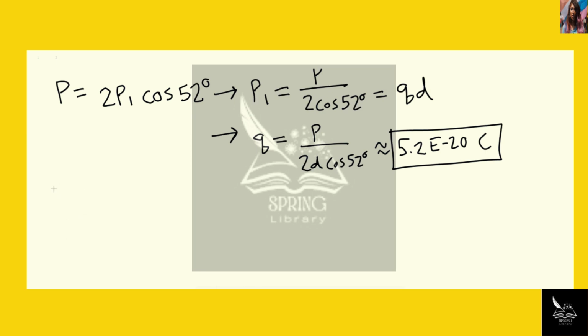Now, making use of the fact that P1 is equal to P2, which is equal to P over 2 cosine 52 degrees, we can begin to get the total potential, which is the sum of each individual potential due to a dipole field.